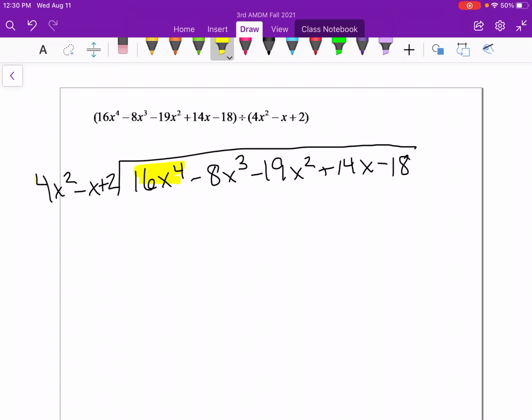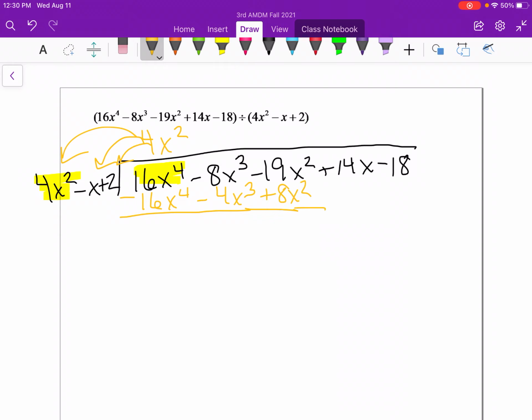So 16x to the 4th divided by 4x squared gives me 4x squared. I multiply, I get 16x to the 4th minus 4x cubed plus 8x squared. Then I'm subtracting the whole thing.